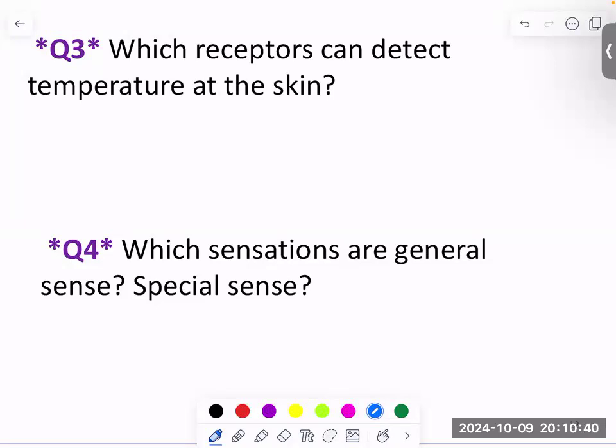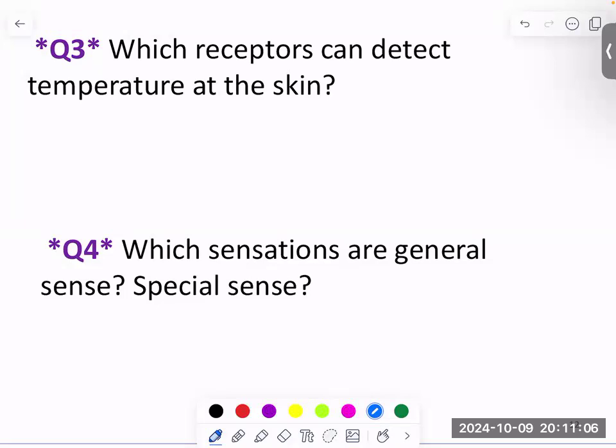What if I were to ask you, which one does deep pressure at the skin? Pacinian. All right. What if I were to ask you which one detects if your skin is being stretched? Ruffini's.